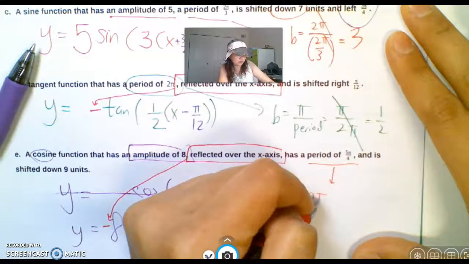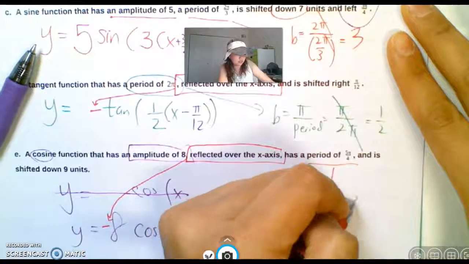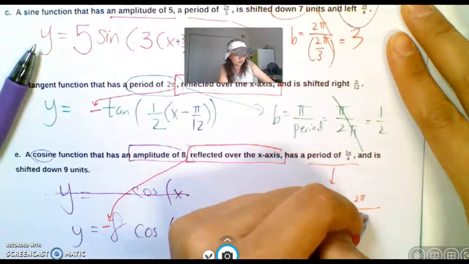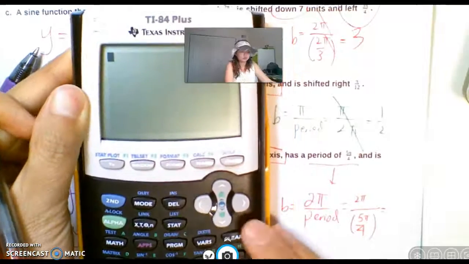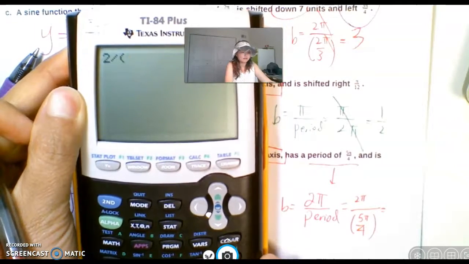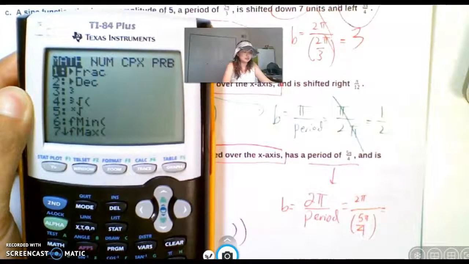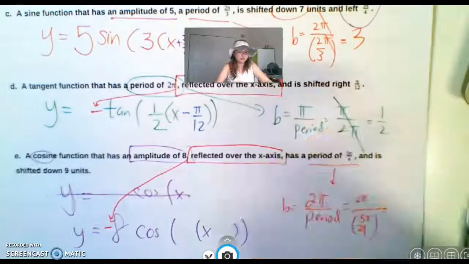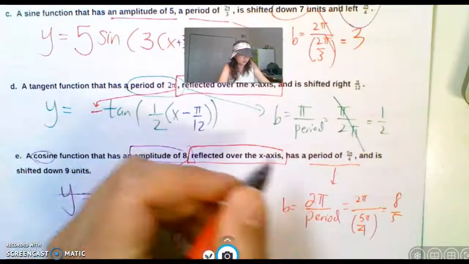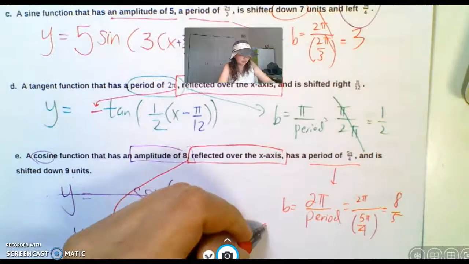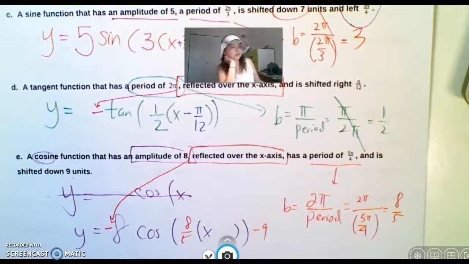Period: 2 pi over period is what b is. There's 2 pi divided by, oh my gosh, we need to learn every 2 seconds in here. This time we have to do 2 divided by 5 over 4. 1.6. I don't like decimals, so it's 8 over 5. Down 9. Nothing about left, right, so that's just blank. But it's okay to have a blank.